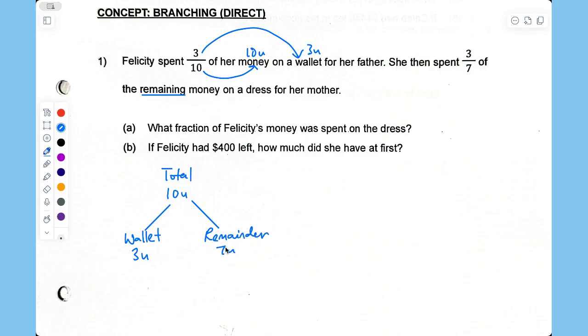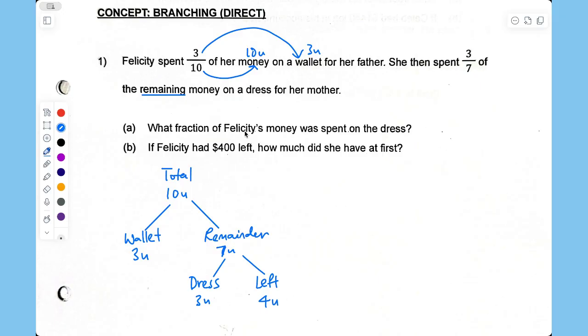And out of this 7 units, she spent 3 units on a dress for her mother. And what is left will be 4 units. So this remainder branch, which is 7 units, is branched out to 3 units for the dress and 4 units is left.